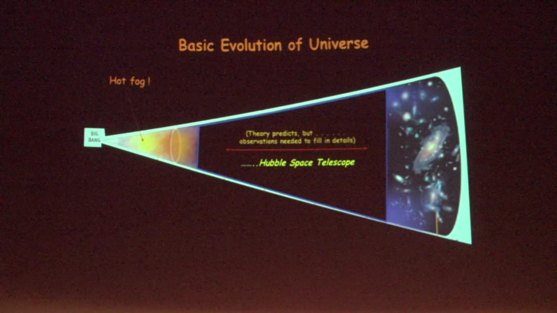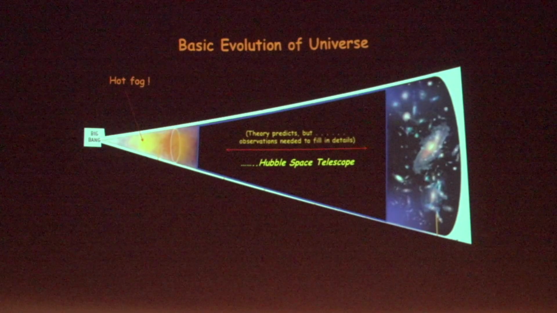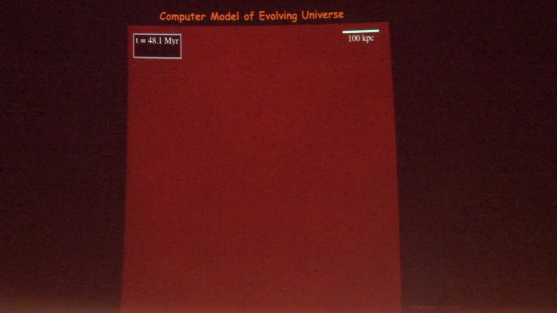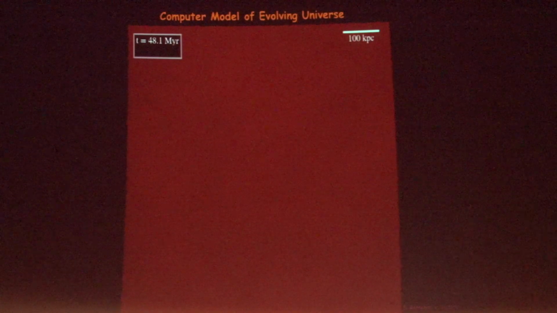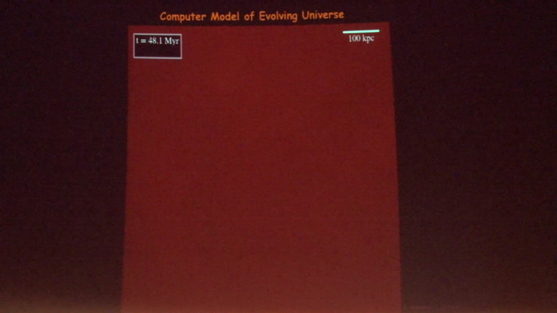Well, let me show you first the results that the theory people came up with, because they started this before we had Hubble Space Telescope. So, in fact, a number of groups took this inhomogeneity, 1 part in 100,000.